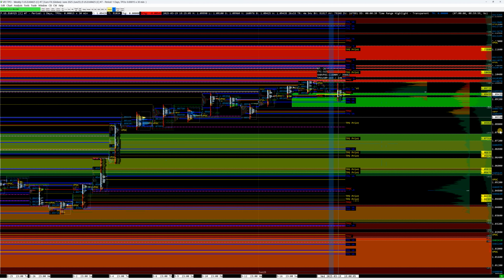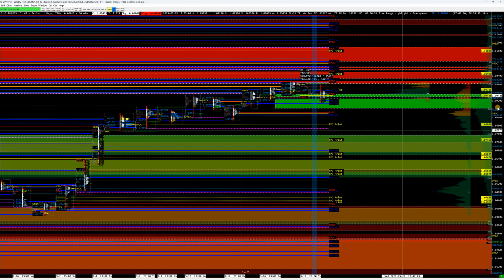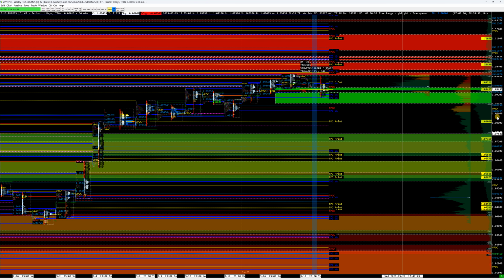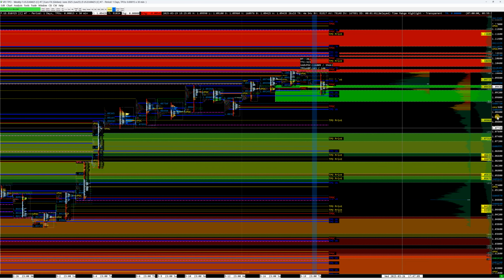There is a way to project the areas, the low volume nodes, onto Bookmap, if you want to look at it live. And really that's what it is. I don't like when charts are too crowded, but effectively you can overlap pretty much everything you see here under one chart if you wanted to.